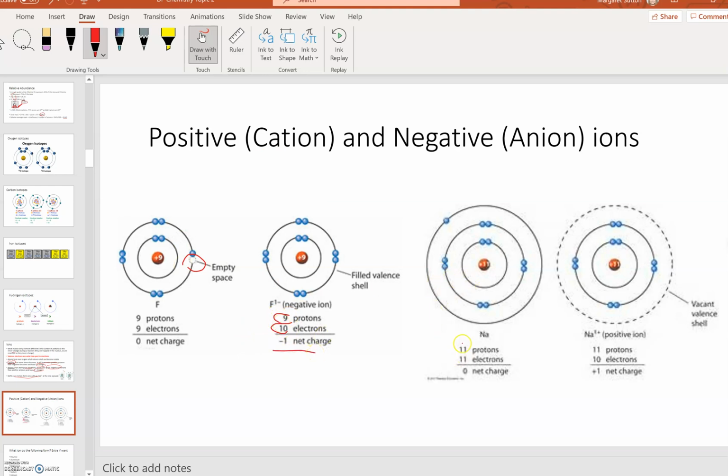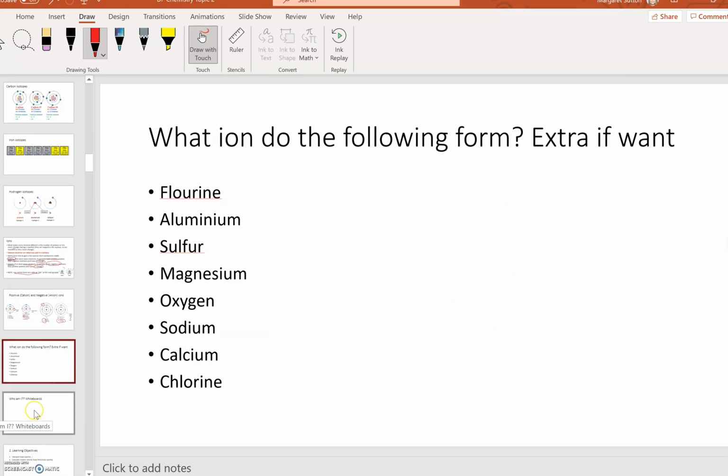Here we've got sodium, so the atom itself is neutral, it's got no net charge, though it's not stable because it's got this electron in its valence shell, and it's easier to lose 1 than it is to gain 7, so it's going to lose that 1 electron, and that also means it loses an entire energy level, and because of that it now has got 1 less electron to proton, so a positive 1 charge. Hopefully that makes sense, and if you want to, you can go through and work out what ions these would form.